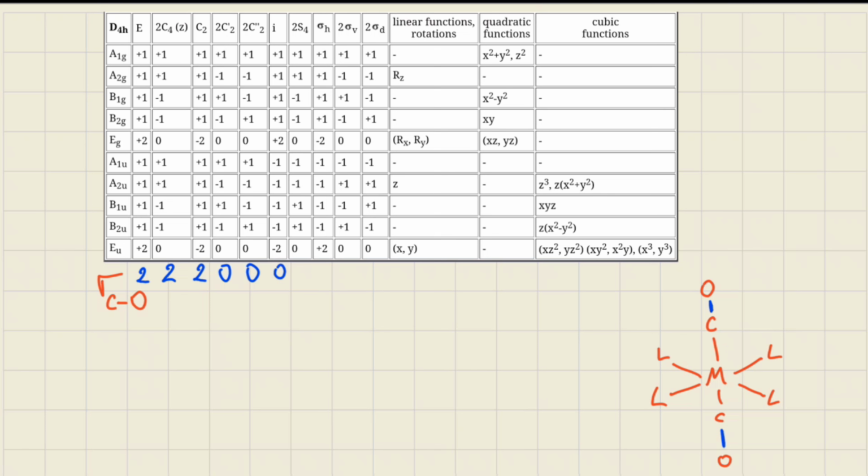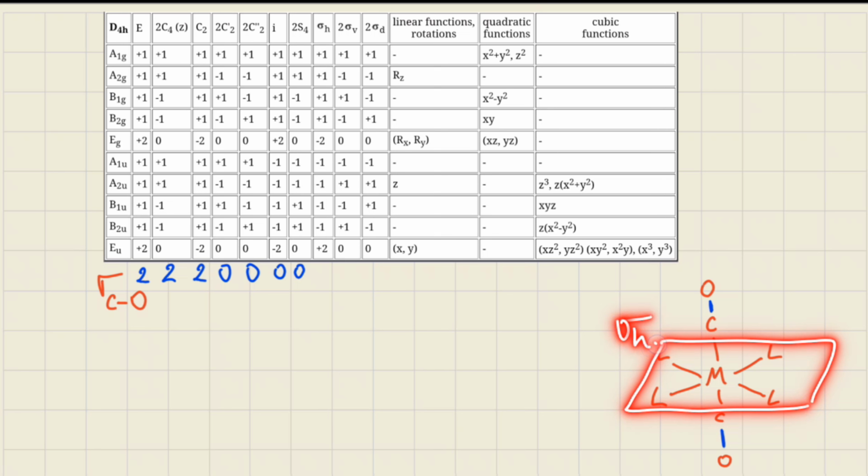Same thing happens if we apply the S4. Since S4 is also from here, you are applying sigma h after the C4. You will apply C4, nothing will change, but after applying sigma h, bond positions will change. Therefore, after the S4 operation, the number should be 0. Firstly we have sigma h. Sigma h is here, right?